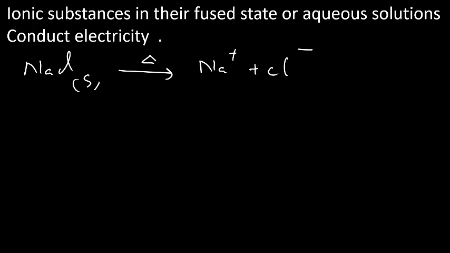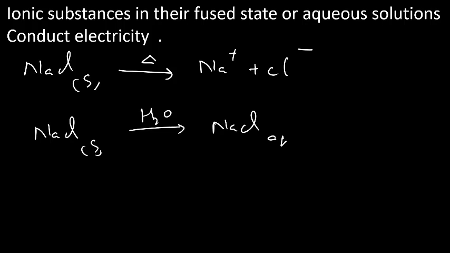So, ionic substances pass electricity in the form of their ions. Otherwise, if NaCl is dissolved in water, we represent this as aqueous. Aqueous means solution. They dissociate into ions, Na plus and Cl minus. Since ions are available, electricity passes through these ionic solutions in the form of charged particles.